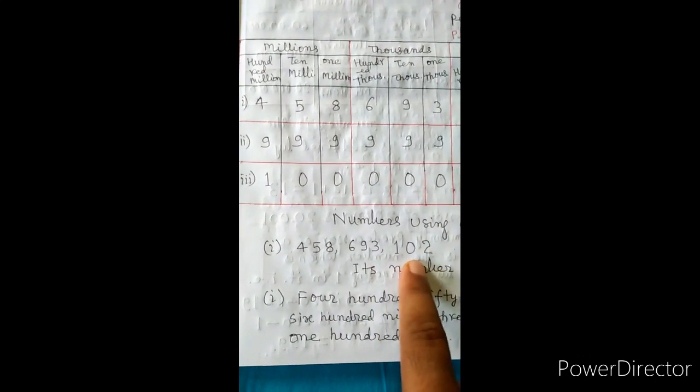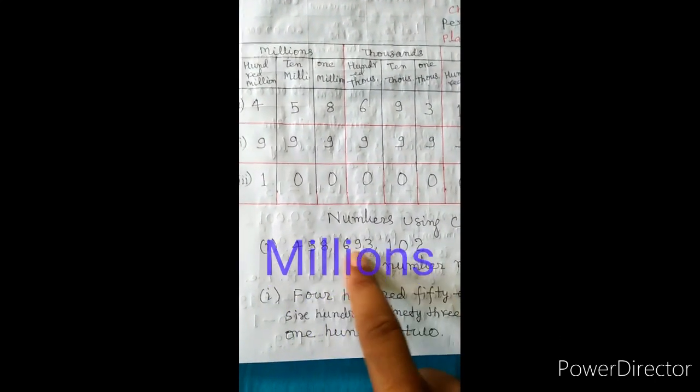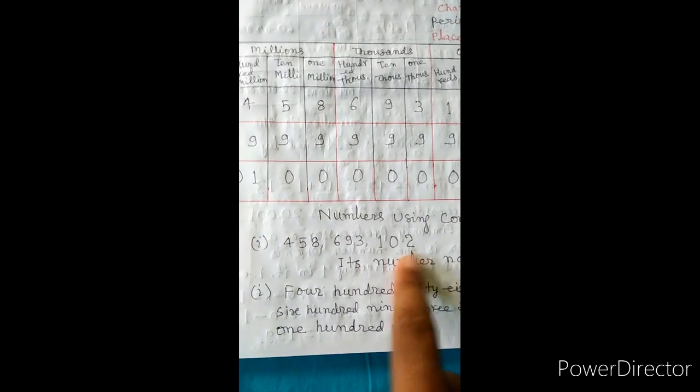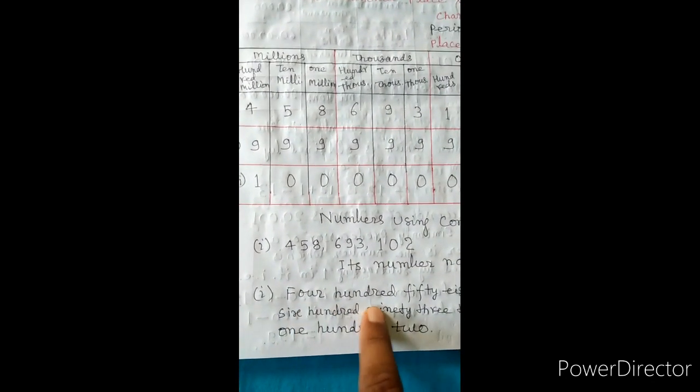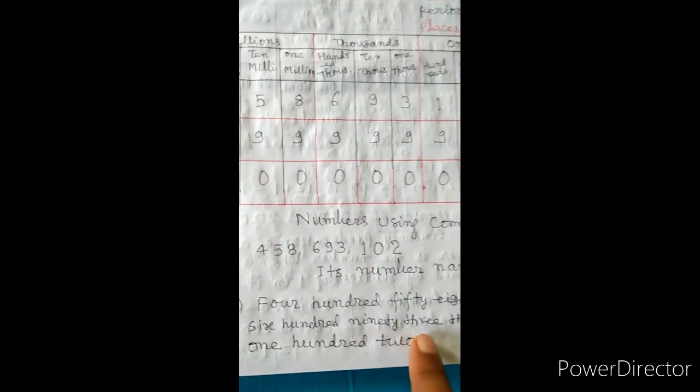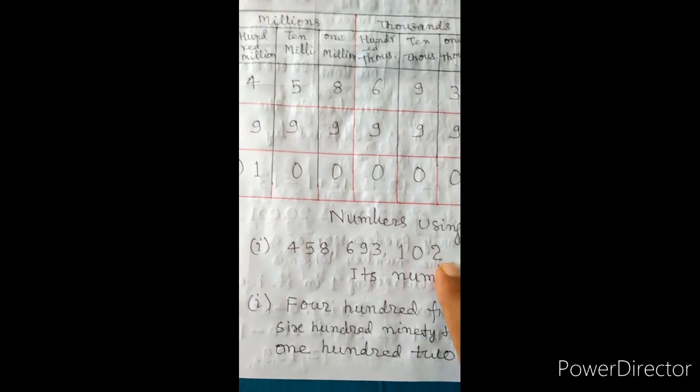Number is given using commas and we read it like this. That is called its number name: 458 million 693,102. We read it like this, and this is called number name of this given number.